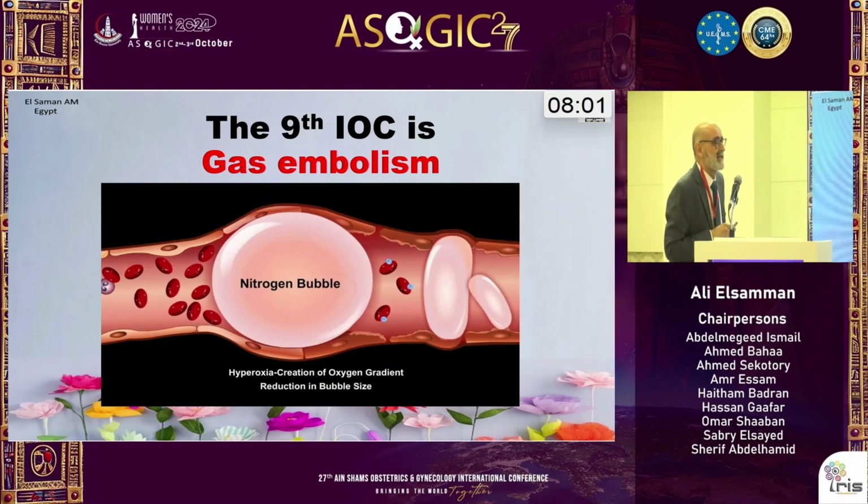Another problem, and this is for all people who work in the field of hysteroscopy, is the possibility of air embolism. Air embolism is a potentially fatal condition. It is a cause of losing potential lives.